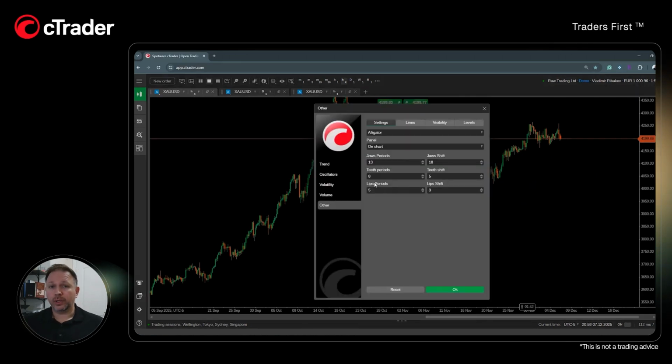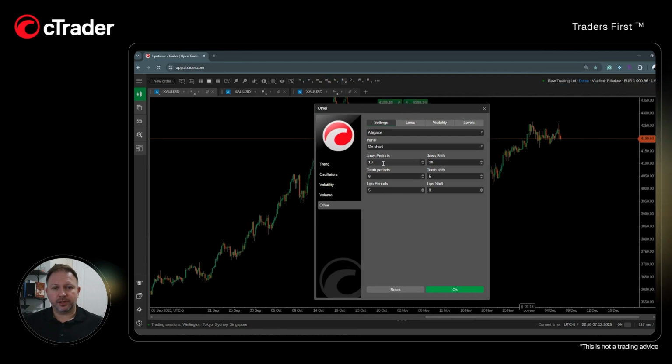It comes with 3 smoothed moving averages, each of which has a shift to help us examine the different moving averages in different changing phases and pace of the market. So the jaws, teeth, and lips are the 3 components of this indicator.